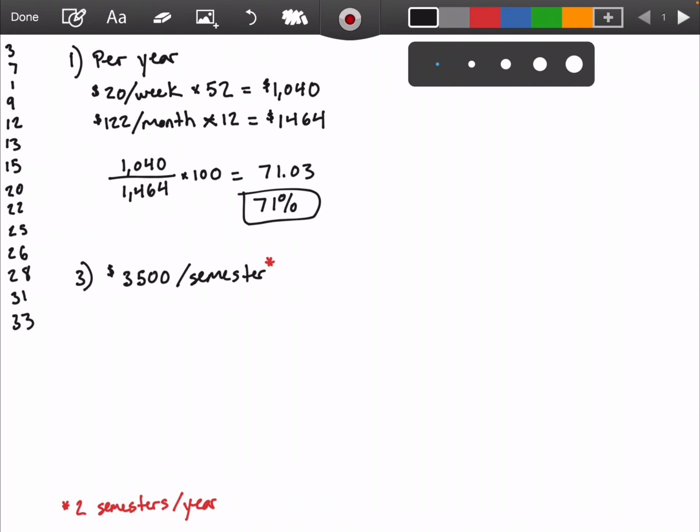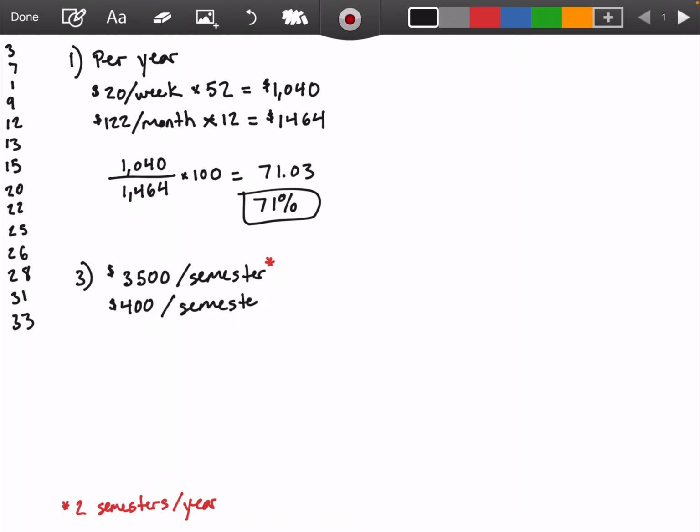Okay, and then an additional $400 on textbooks per semester. So if I want to find the monthly cost, I could double these and divide by 12 to get the month. Or we can just divide these by 6 right now. First I'm going to add them together.